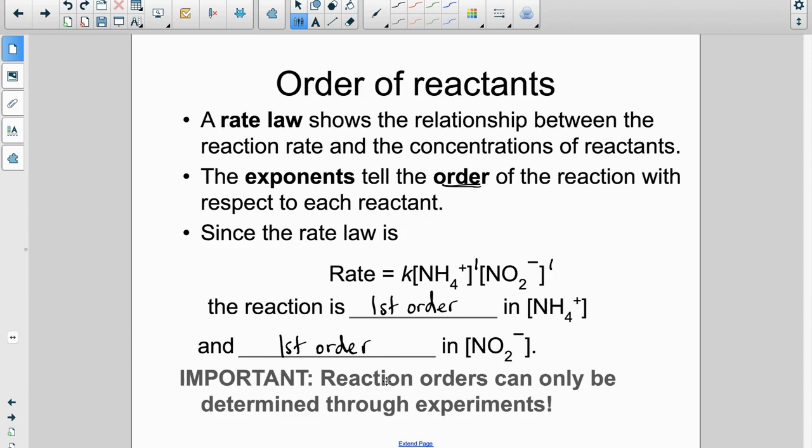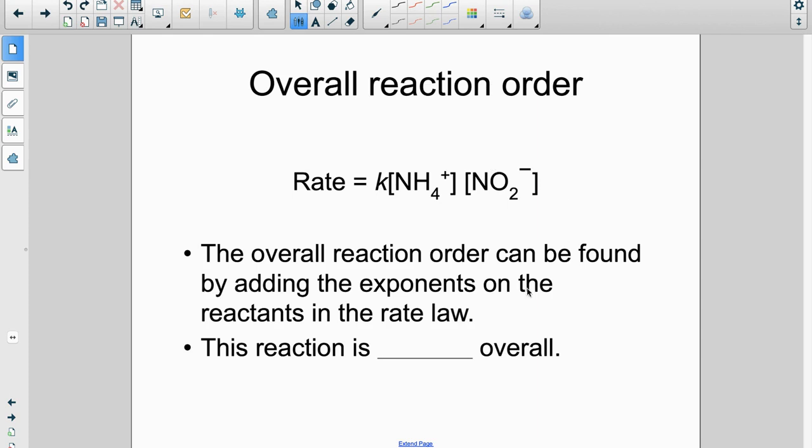This is really important: these reaction orders can only be determined through experimental data. That is the only way we can confirm the reaction orders. For the overall reaction order, we add up the two reactant orders, 1 plus 1 equals 2. So the reaction is second order overall.